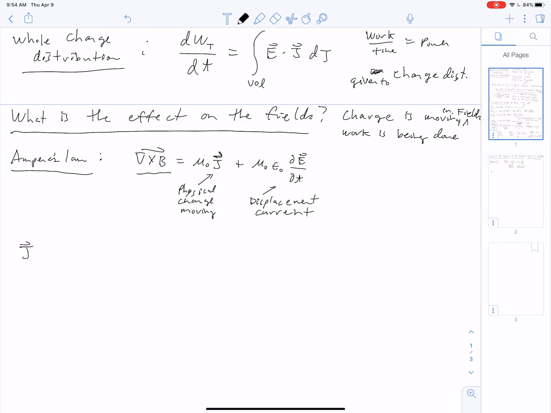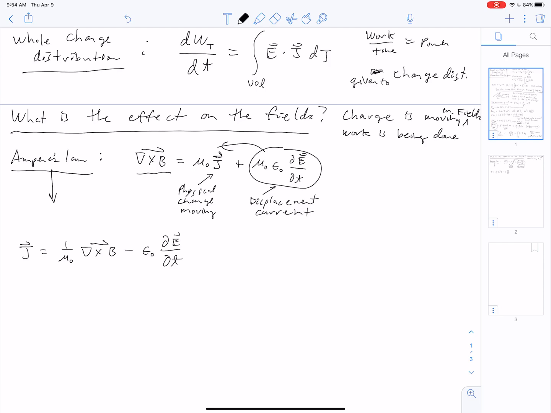It's all physical charge. I can write it as 1 over mu naught times del cross B minus epsilon naught dE/dt. I get this just from Ampere's law, by pulling this term over to the other side and dividing by mu naught. This is still Ampere's law.